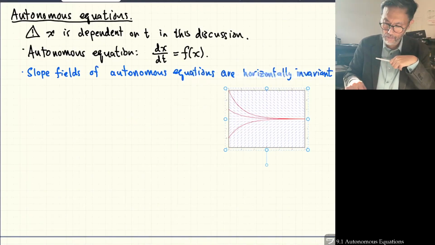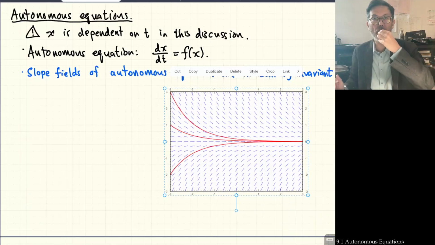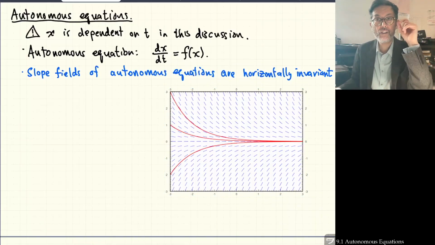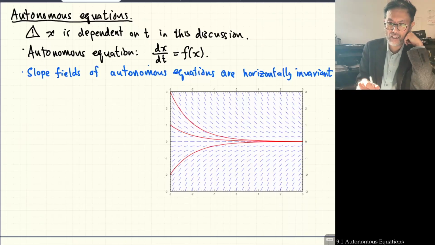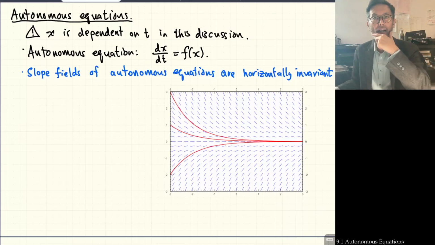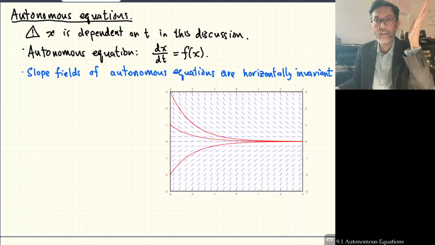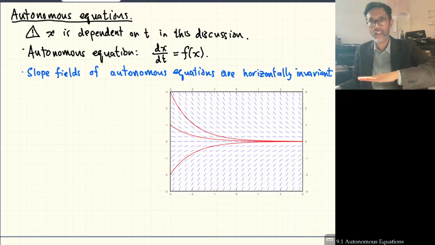Cool. And here is a slope field of an autonomous equation. In this case, this is y prime equals y. So this indeed does follow this form of an autonomous equation. And you can see, I hope, forget about the red lines. Those are the integral curves. Forget about those.